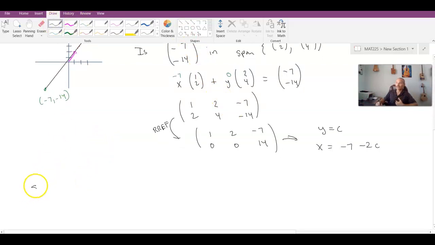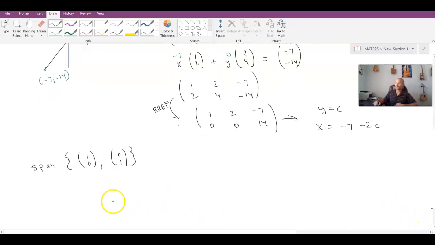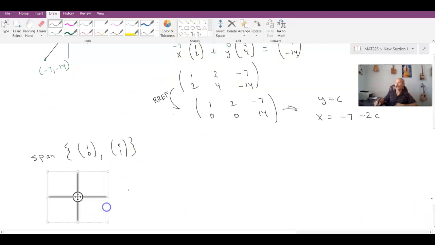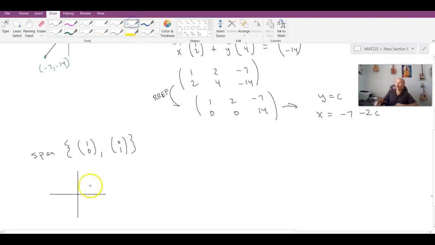Another case to consider is what we call the standard or the basis vectors in 2 dimensions. And these are kind of the easier ones to see, that if I look at the vectors 1, 0 and 0, 1, then those two vectors actually point along the two axes. So 1, 0 is the vector that points 1 unit in the x direction, 0 y component, and 0, 1 is the vector that points straight up 1 unit.